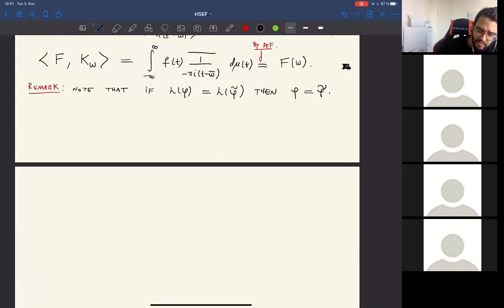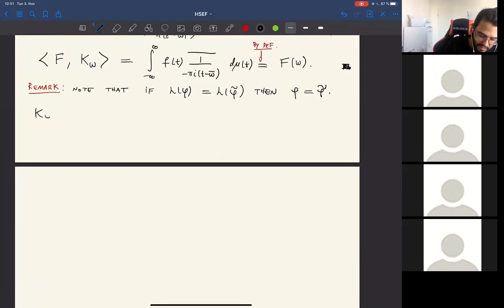If you have two spaces with the same norm, then the reproducing kernels, the K_w, have to be the same. This is just abstract, but since we have a formula for them, K_w(z) is given in terms of phi, and that's just plain obvious.